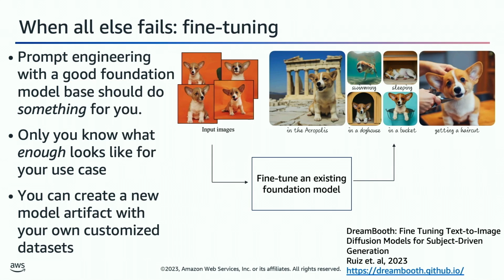Then I can give it prompts. And here the prompts are like, in the Acropolis, in a doghouse, getting a haircut, swimming. They're actually good, right? It's obviously the same dog. The dog still has this little white stream down the top of the head, clearly 2 ears, no hallucinations on the paws.